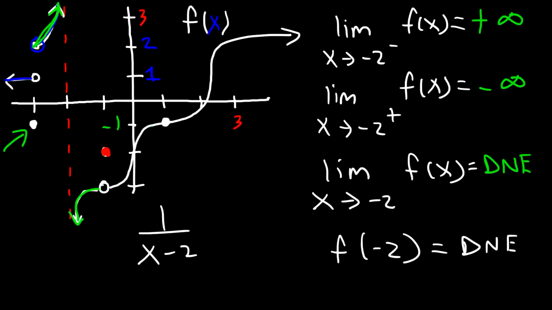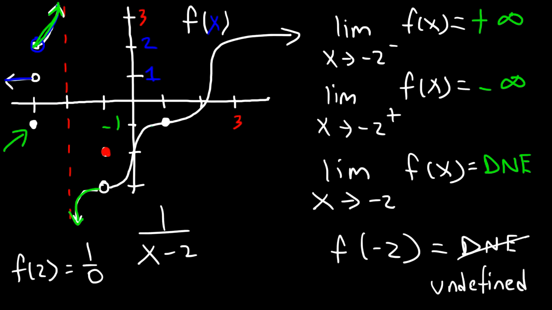And if you plug in 2, you would say it's undefined, because f of 2 would equal 1 over 0. So whenever the function doesn't exist due to a vertical line, you could also say that it's undefined, because typically there's a 0 in the denominator. So just keep that in mind.